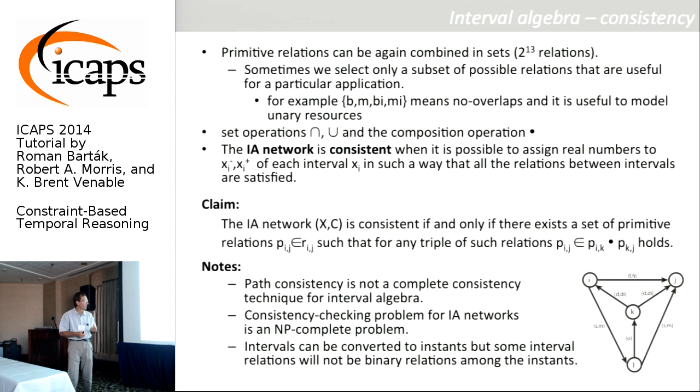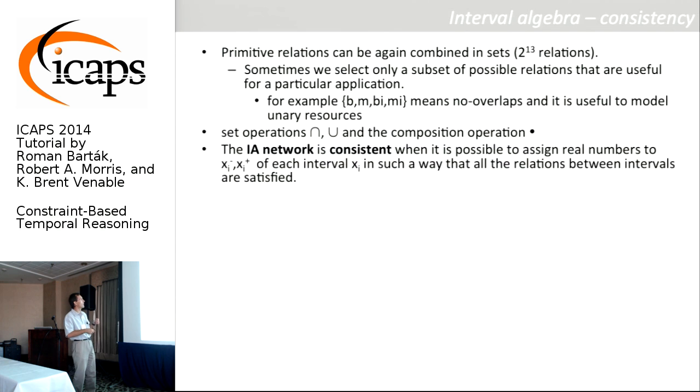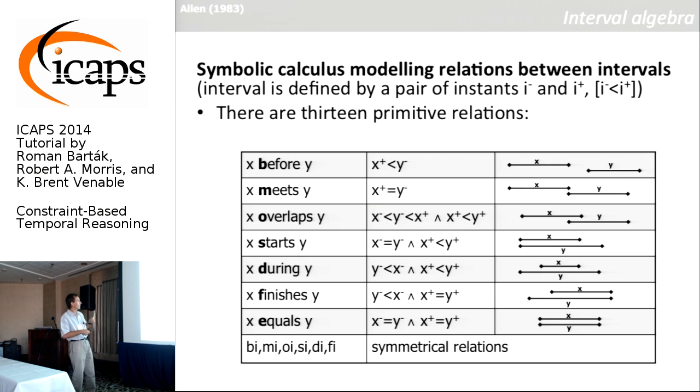The problem is that if you look at relations between intervals and you use time points, let me go back to this slide. So actually I did it here, right? So these are the relations between the time points. But the problem is that these relations are no more binary relations between two time points. If I combine them, I may obtain relations of higher arity.